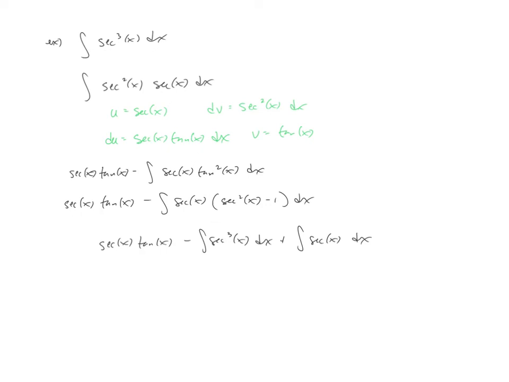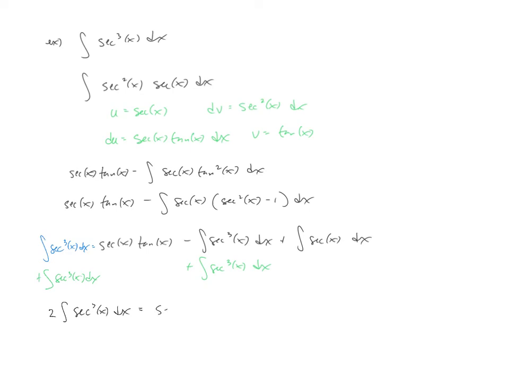So this is one of our circulating integration by parts. So the integral of secant cubed of x dx is equal to this. And I'll go ahead and I'll add a secant cubed x dx to both sides. So on the left, that's going to give me 2 of these, the integral of secant cubed x dx.